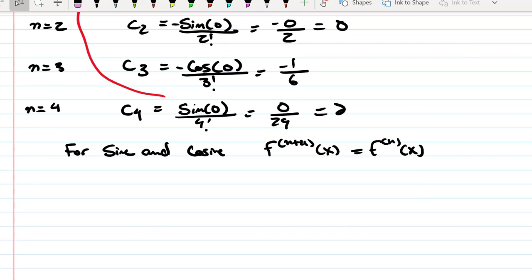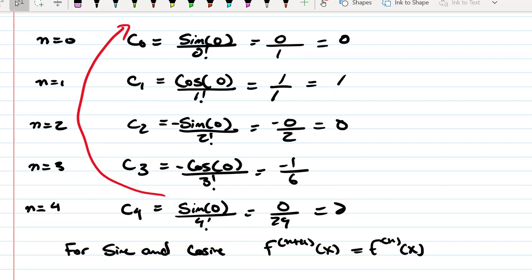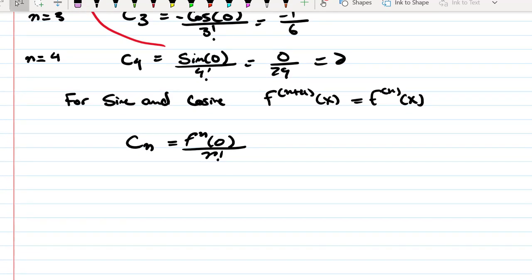So then we can use our formula then. C sub n is the nth derivative evaluated at 0 over n factorial. But we noticed we have this pattern. We have 0, 1, 0, negative 1. 0, 1, 0, negative 1.